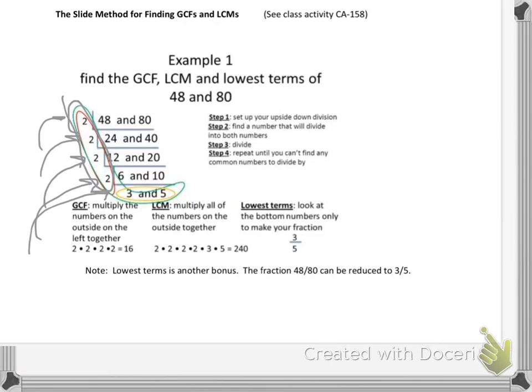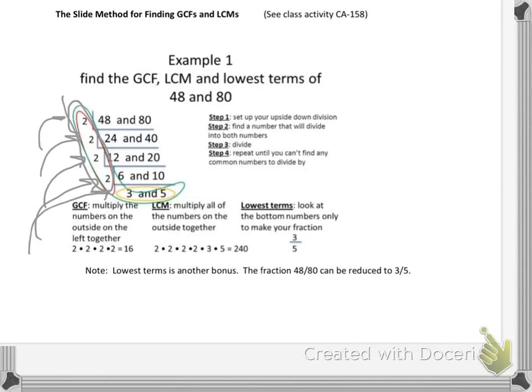Then, a neat thing about this is you can take a fraction and reduce it to lowest terms. So if your fraction was 48 over 80, the two numbers on the horizontal, the 3 and the 5, give 3 over 5, that fraction, 48 over 80, represented in simplest terms.